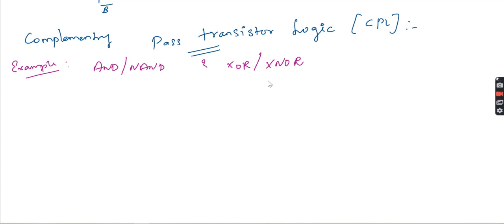Let me implement AND and NAND first. For AND and NAND, the transistors or switches will be in parallel connection as before. B is taken as the control signal, so B and B bar. So I make the control signal like this.